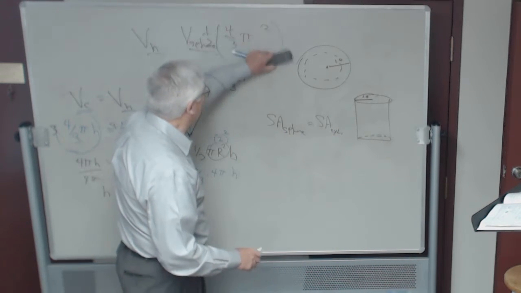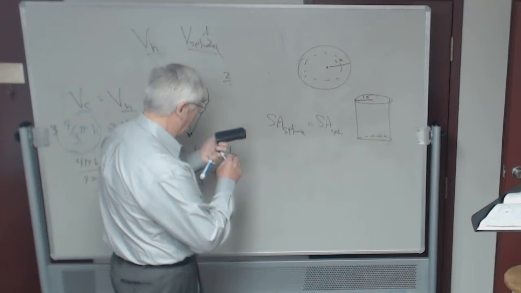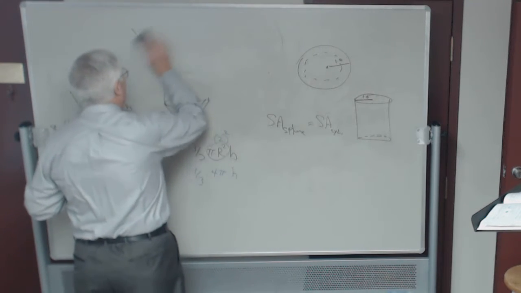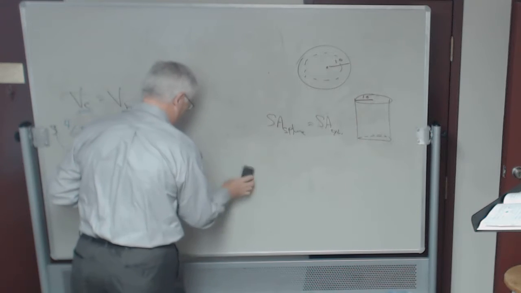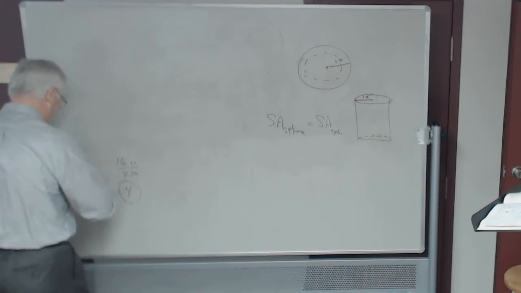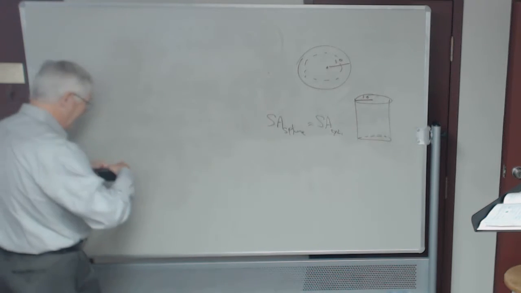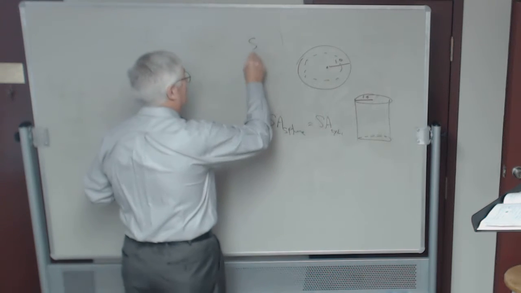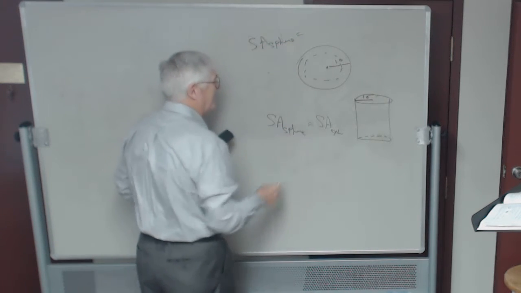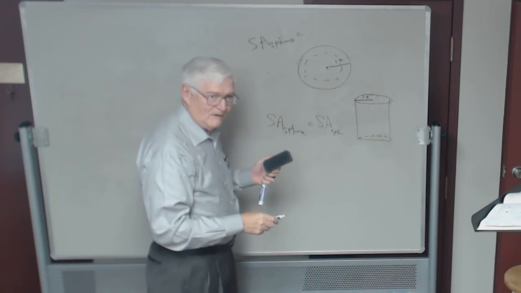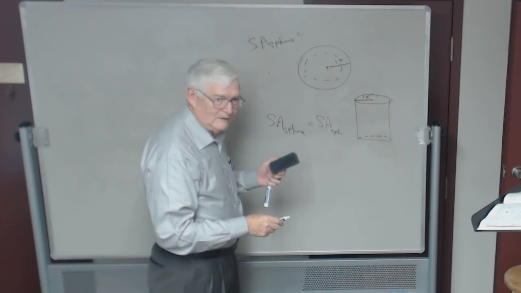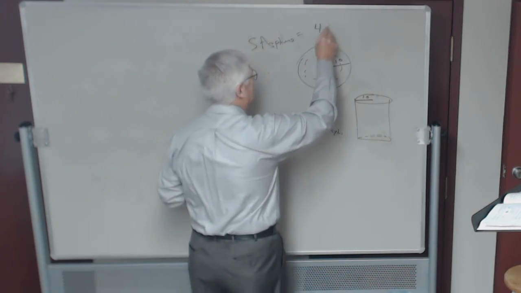See what they just told us? So now what do I need to find? I need to find the surface area of the sphere. And what is that? What's the surface area of a sphere? 4 pi r squared.